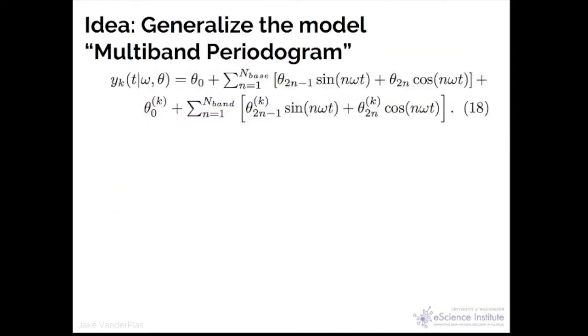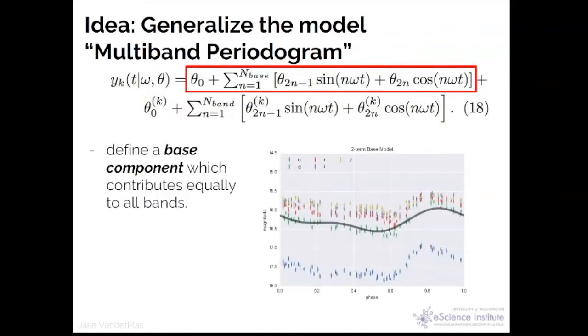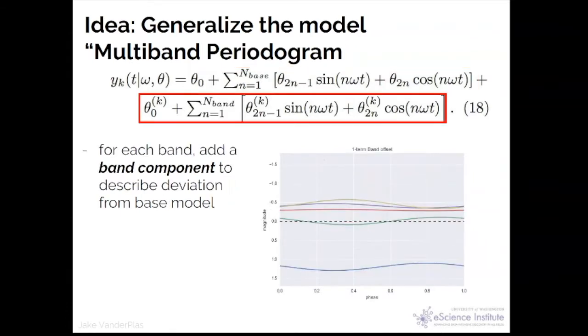What we ended up doing is we basically extended this model here. This looks pretty complicated, but it's relatively simple if you look at the pieces. First we defined a base component that's kind of like a Fourier series that fits the general overall variation. The second component is a band component that looks at the deviation of each individual band from that central model.